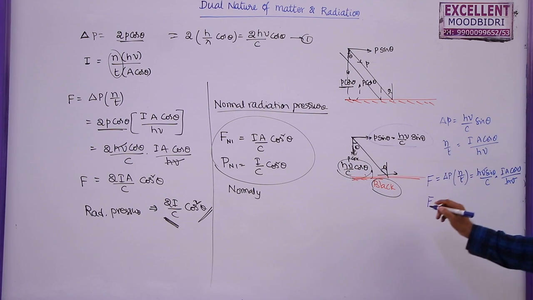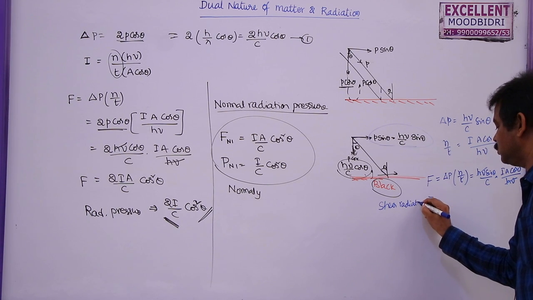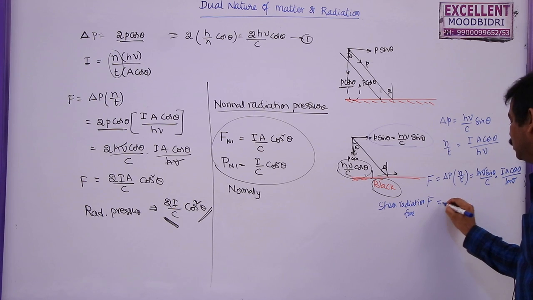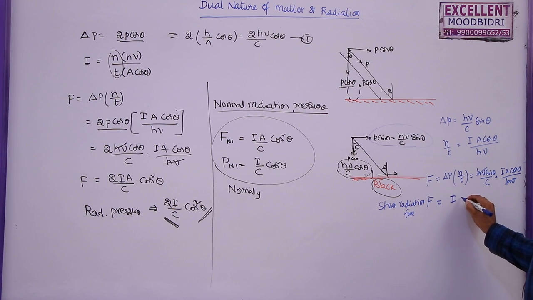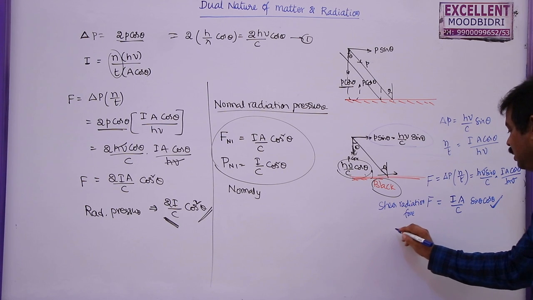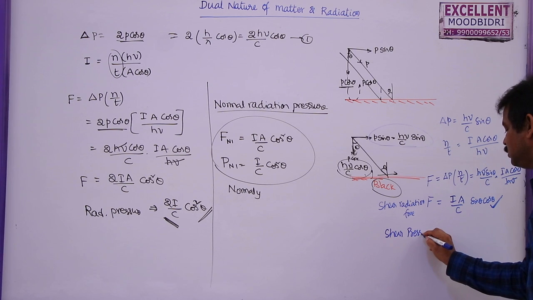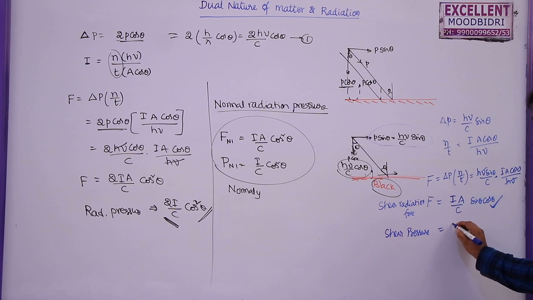As it is a tangential surface, we call it the shear radiation force, given by I into area by c into sin theta into cos theta. This is the shear force acting on a perfectly black or perfectly absorbing surface, and the shear or tangential radiation pressure is given by force by area, which is equal to I by c sin theta into cos theta.